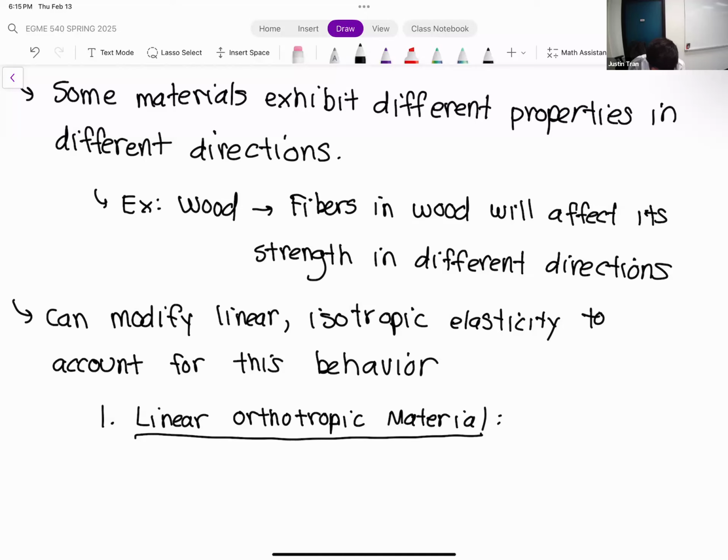So for a linear orthotropic material, you're going to explicitly define the strength in each of the cardinal directions, as well as the different shear moduli in each of the different directions.